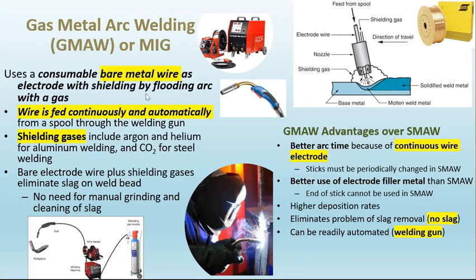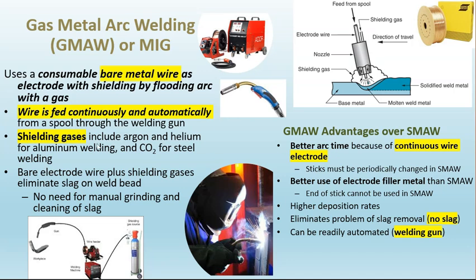Okay, the other one is gas metal arc welding or GMAW, known as MIG, in which a consumable bare metal wire is used as the electrode, with shielding of the arc by a gas. They have this gun, and we can see the electrode feed from a spool, and the gas also comes through the gun.